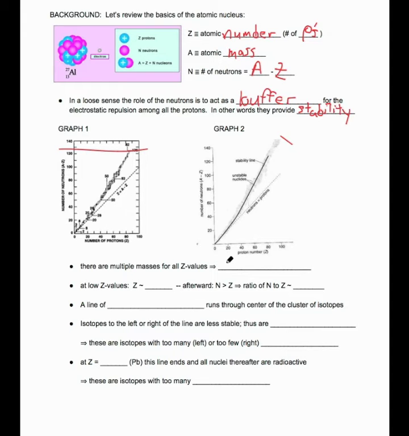Alright, so this introduces a concept we should be familiar with, and that's isotopes. Isotopes have the same atomic number, just different atomic masses because of the varying number of neutrons. Chemical properties are identical, it's just that the masses are different, which leads to some differences, but primarily it goes towards stability. As mentioned a few seconds ago, at low Z values, the number of protons, Z, equals the number of neutrons.